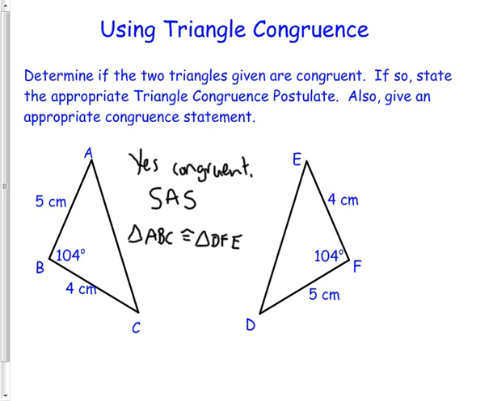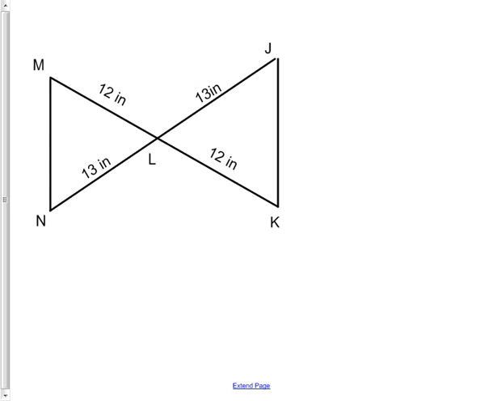We got a few more to go through. Here is an example. It looks kind of like a bow tie, and so they gave you that this is 13 and this is 13. The ML is 12 and KL is 12. And we want to know, are these two triangles congruent?